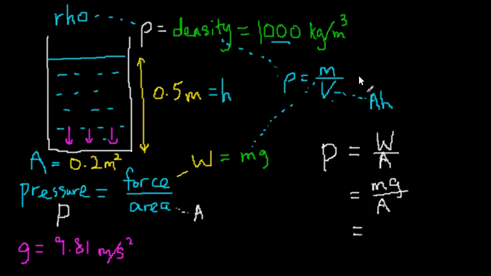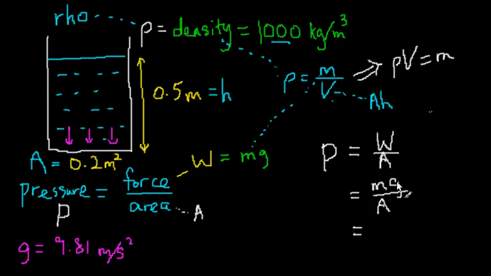Now this formula can be rearranged to make m the subject by multiplying both sides by v. So rho times v is equal to the mass, and we know v is the same as area times height.